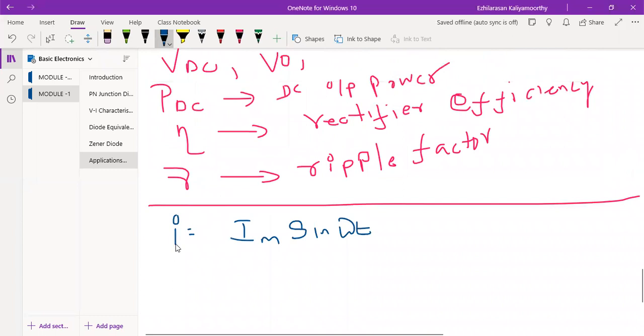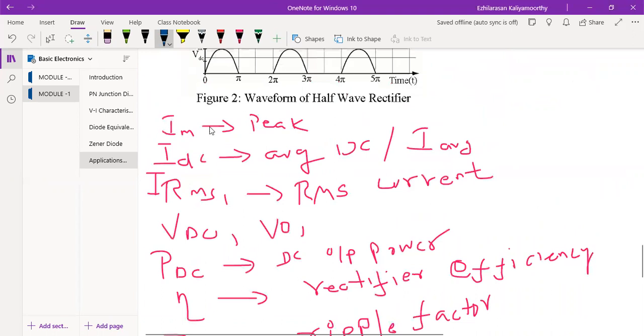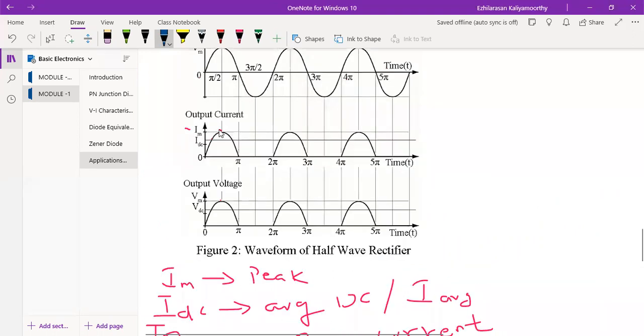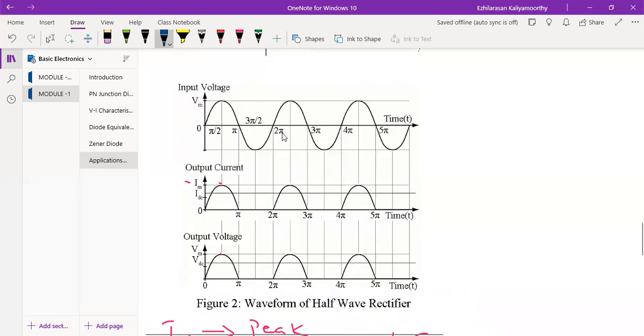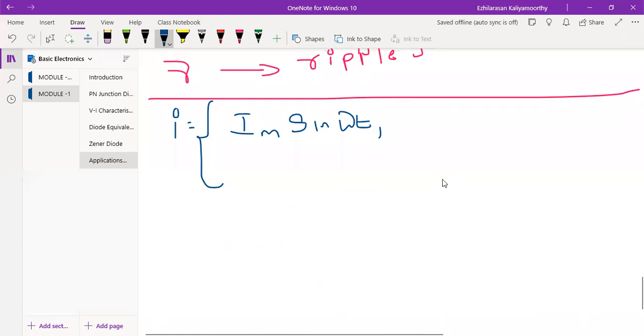In the output, Im sin omega t, to which interval will I get this? The input interval is from 0 to 2 pi, because you need to consider the first half cycle as well as the negative half cycle. So the total interval is 0 to 2 pi.